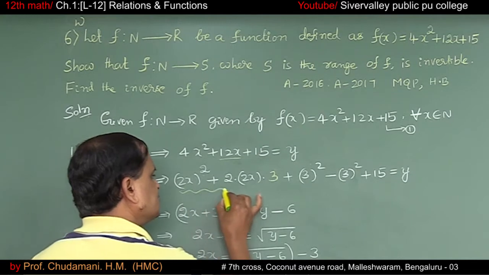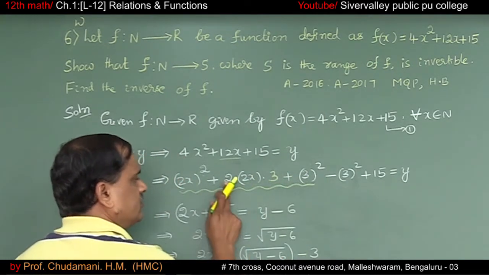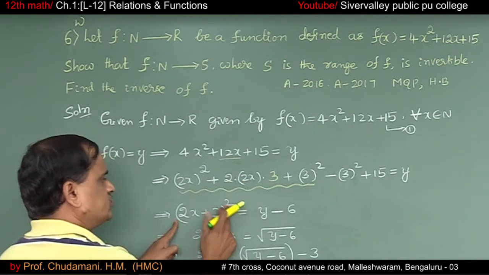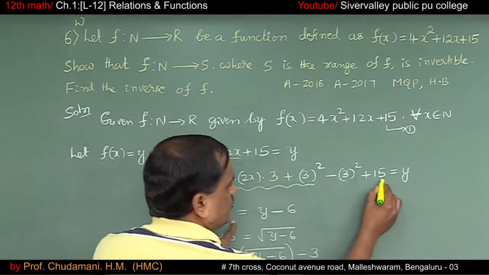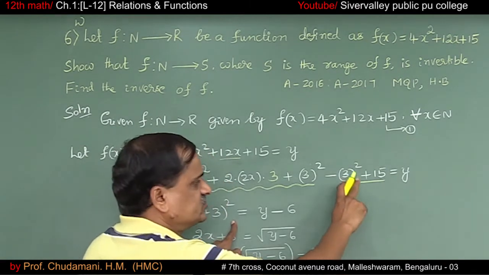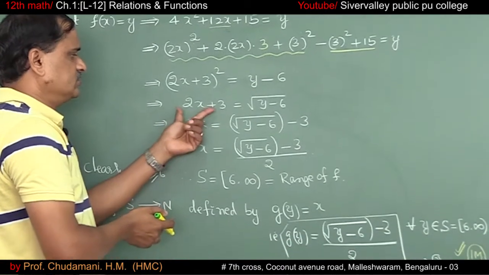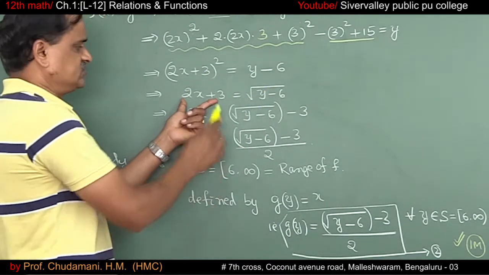Now observe these three terms. A square plus b square plus 2a into b, a plus b whole square, 2x plus 3 the whole square. Now 15 minus 9 is 6, 6 to the other side, y minus 6. So 2x plus 3 is equal to root of y minus 6.